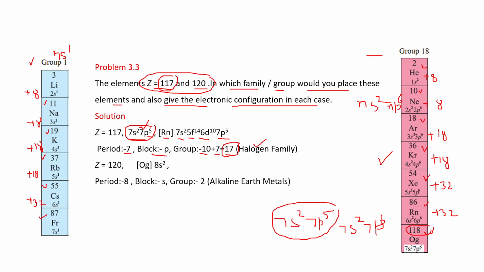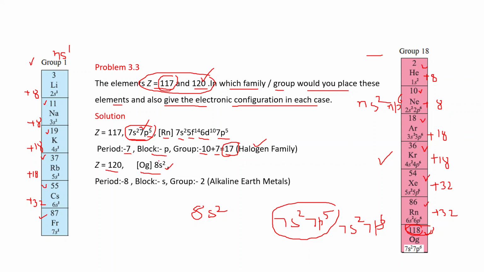Now in the same way, atomic number is 120. We can say that after 118, the electron enters the next energy level, and after 7p6, the next electron will go into the 8s, and this will become 8s2. That's why the electronic configuration of this is [Og] 8s2.